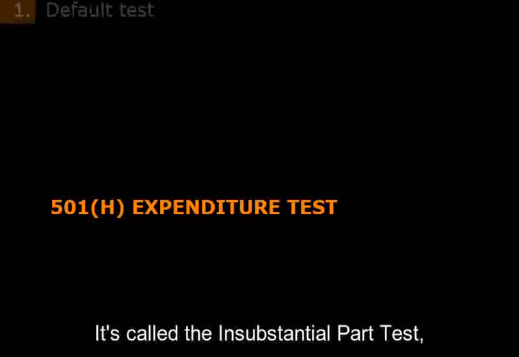Well, the way that we answer that question is through a test. From the very definition of a C3, we take one of our tests, the default test. It's called the insubstantial part test or the no substantial part test.